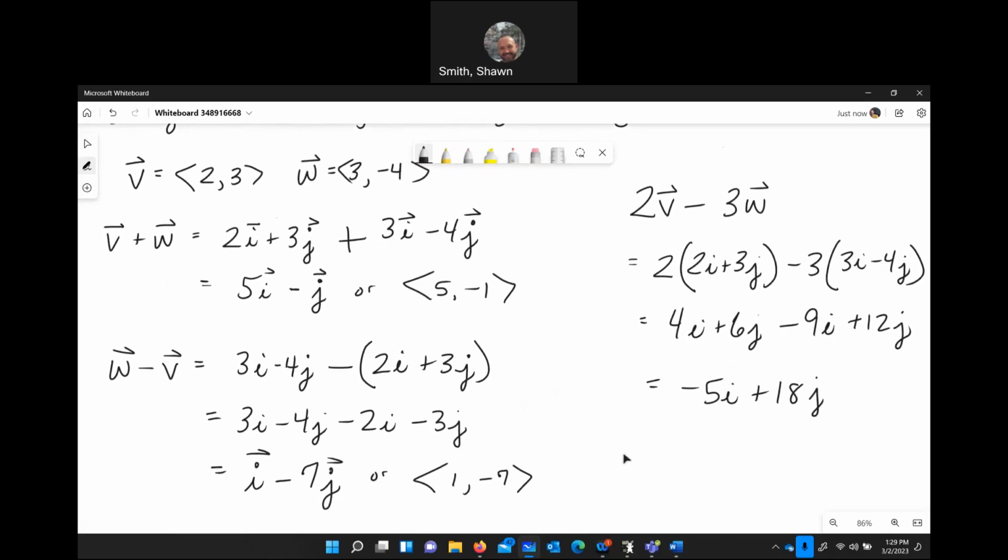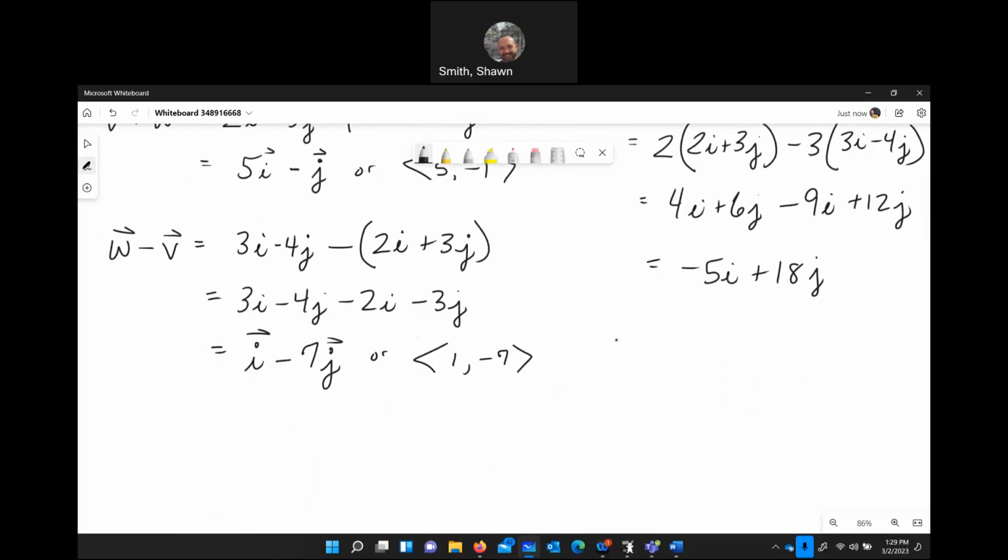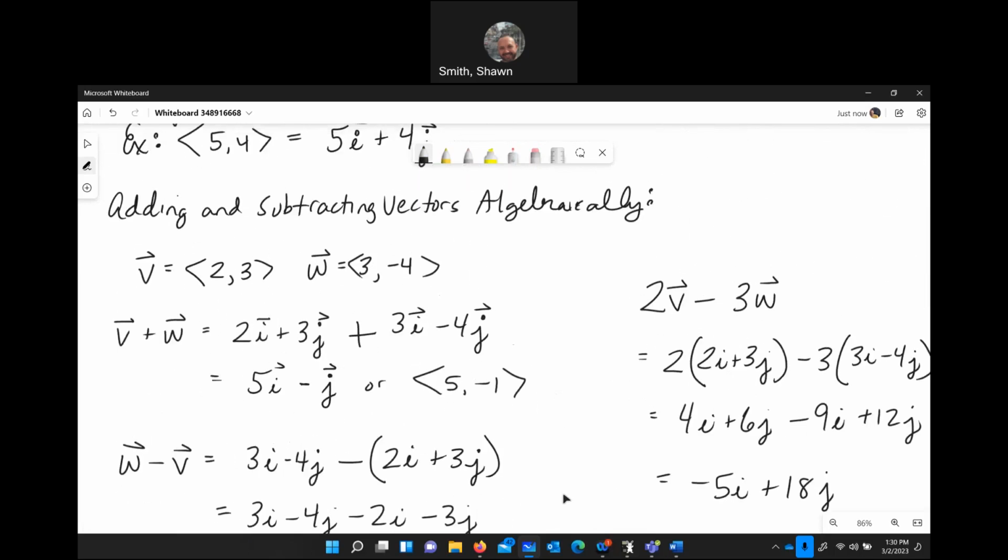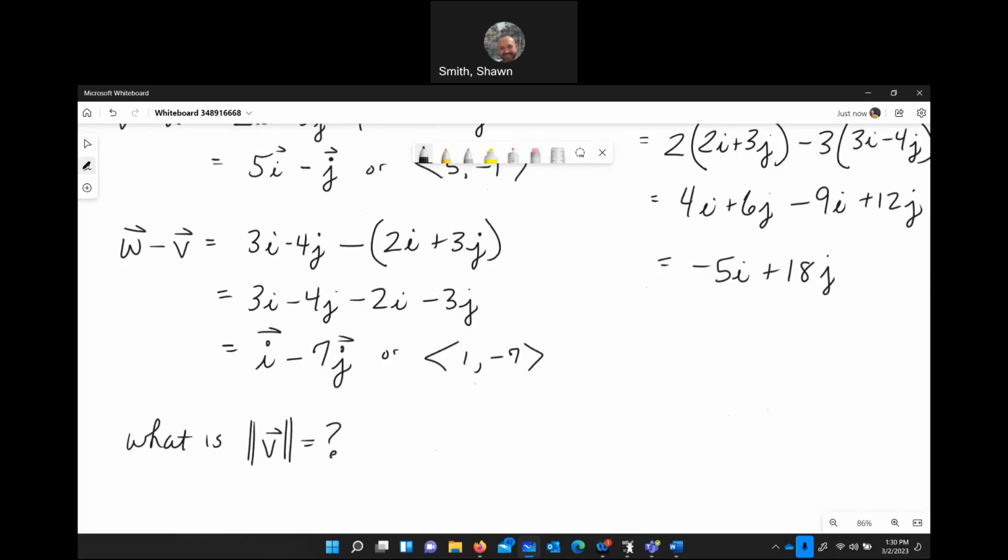What is the magnitude of v? So I want to know how long is that? That's the length. Vector v is 2i plus 3j, so 2 comma 3. How will I find that? I know the formula, a squared plus b squared equals c squared.